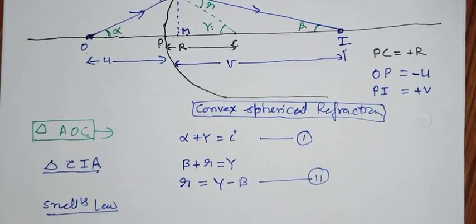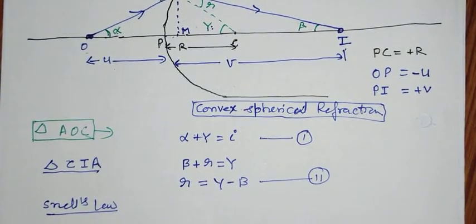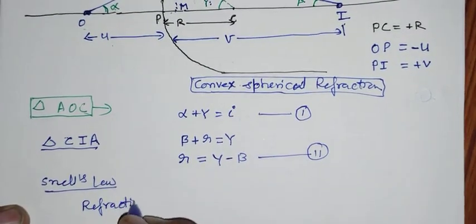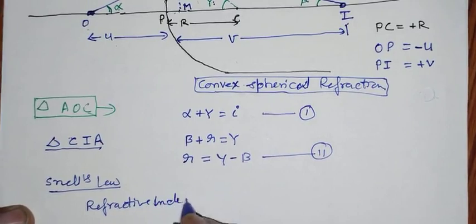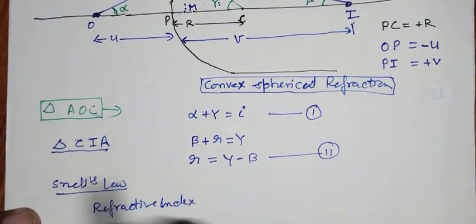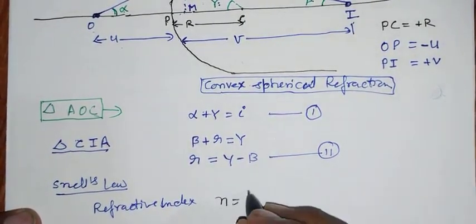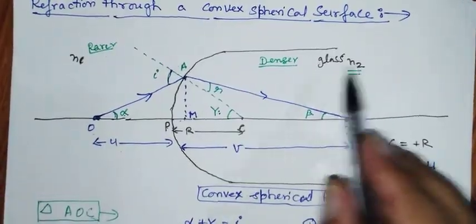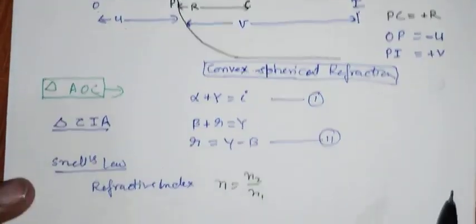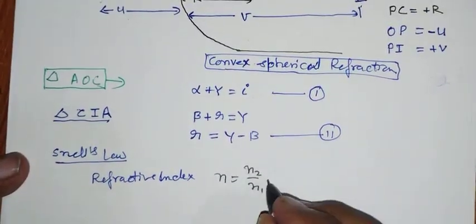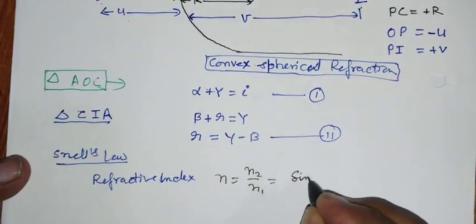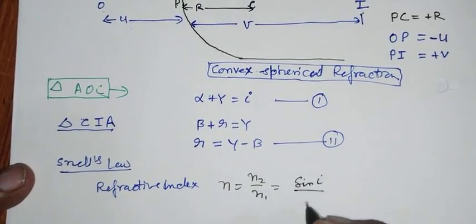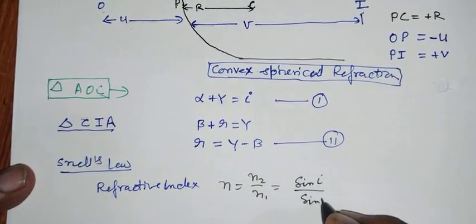Snell's law: the refractive index n is equal to the ratio of the refractive index of the second medium to the first, n2 by n1. This can be written as sin i by sin r.